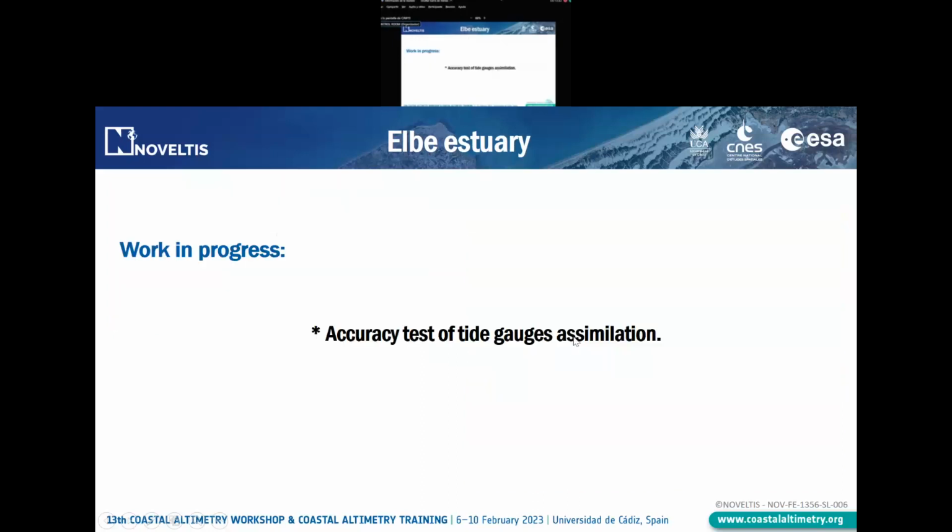So what we are working on now is making different quality tests with the tide gauge assimilation, as in the same history.